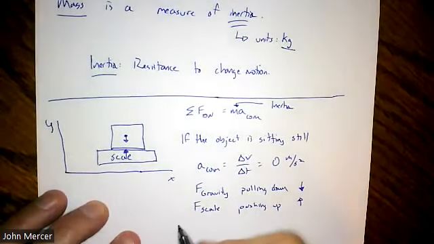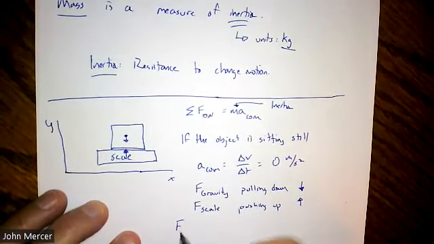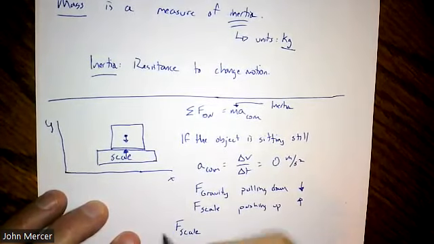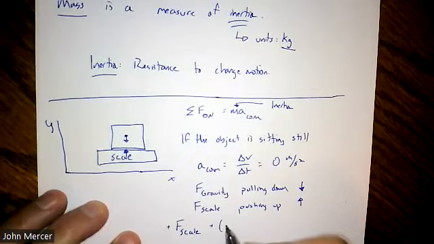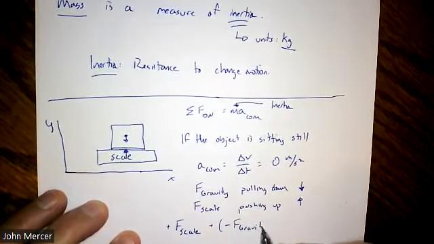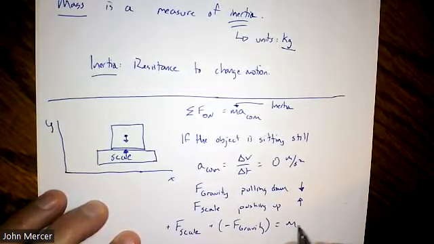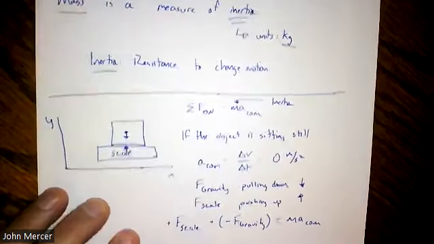And so now I can put these forces into this equation, F of scale, which is going to be positive, plus negative gravity is equal to m a of the center of mass.